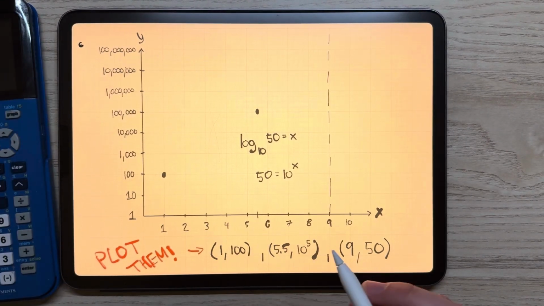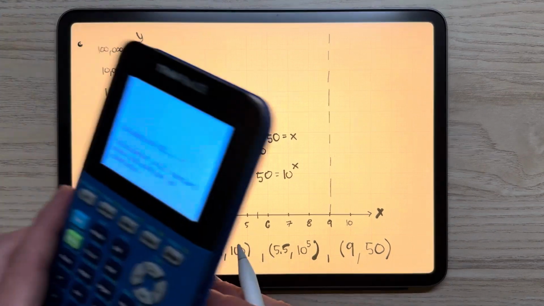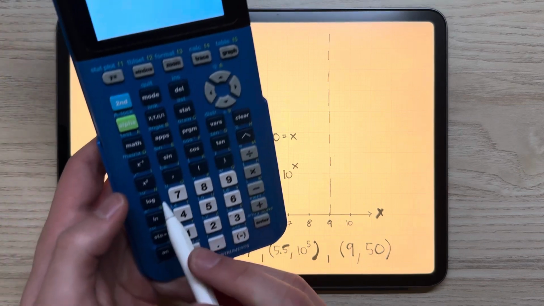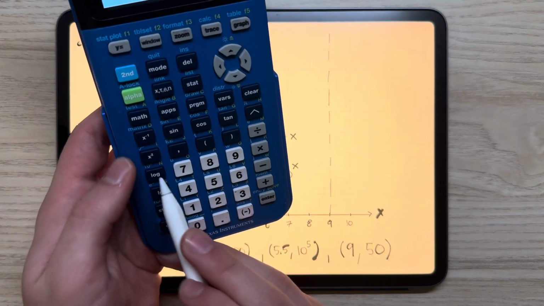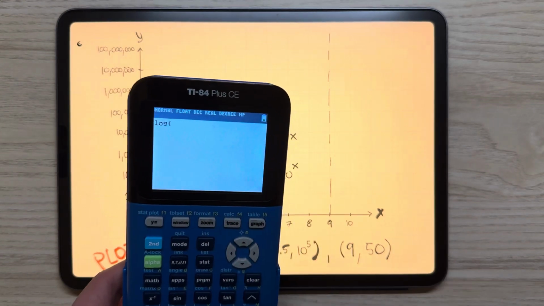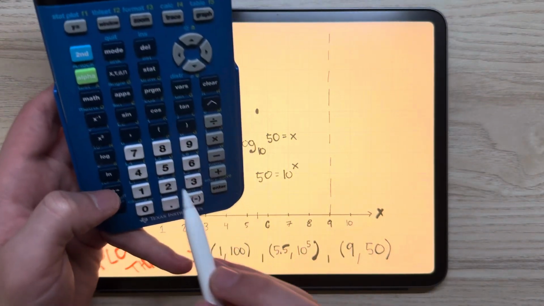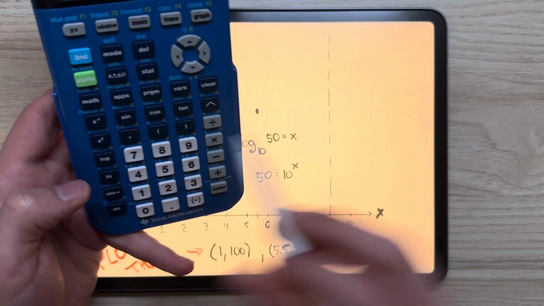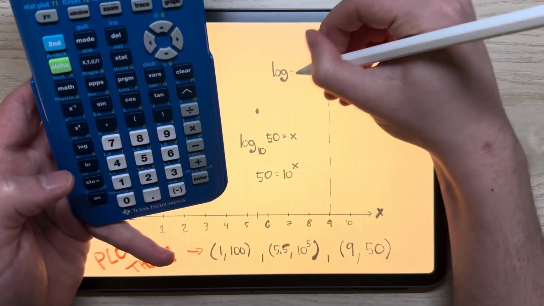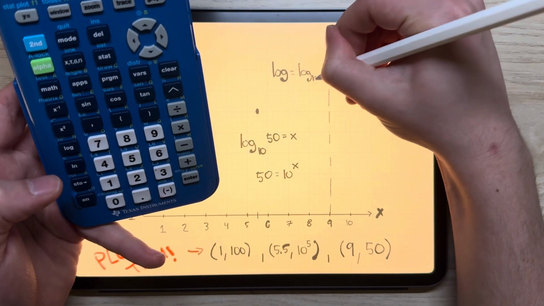And so you can take a calculator out and try this for yourself. And what you would do is press the log button on it. This is a TI-84 calculator, by the way. So you would do log, and the log, just log, is another way to show log base 10.